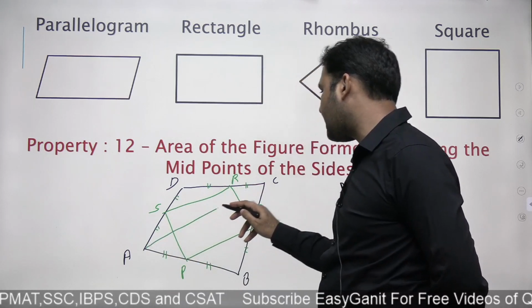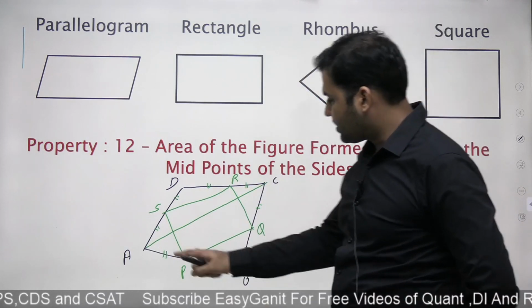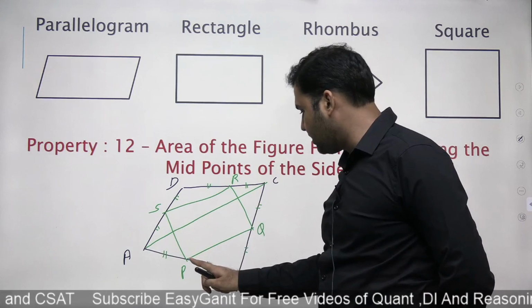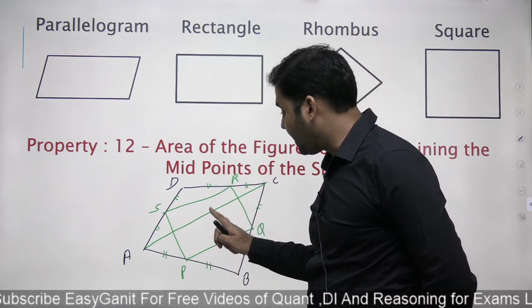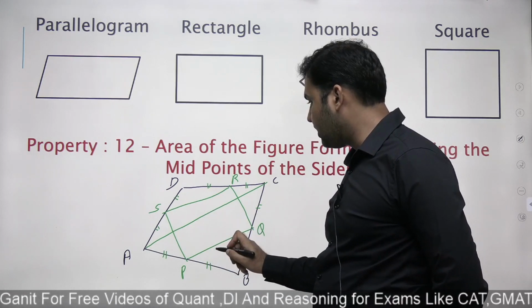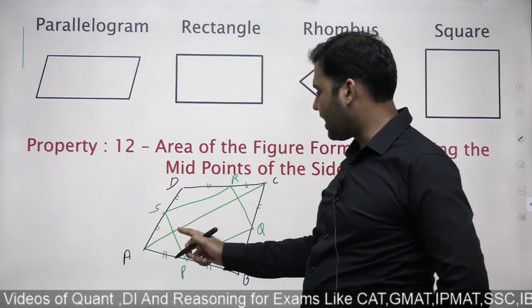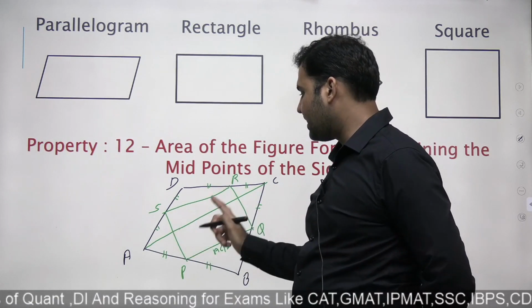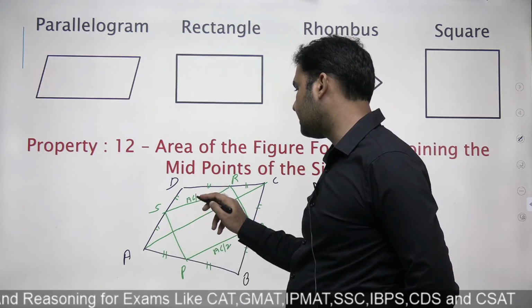If I join the line A to C, now look at this triangle ABC. P is a midpoint. Q is a midpoint. The line joining the midpoints will be parallel to the diagonal. Now this line is parallel to the diagonal and the length of PQ will be half of AC. Similarly, SR will be parallel to this, and the length of SR will be half of AC.